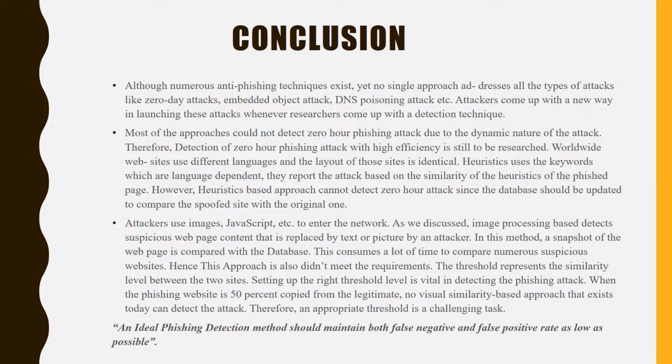So I try to come up with a solution to detect these kinds of attacks in an efficient way. And I'm trying to implement the whole project as a plugin in a web browser, like Mozilla or Google Chrome. I'm trying to embed the whole concept, the whole idea into the web browsers as a plugin, so that it can be used in real time by the user.